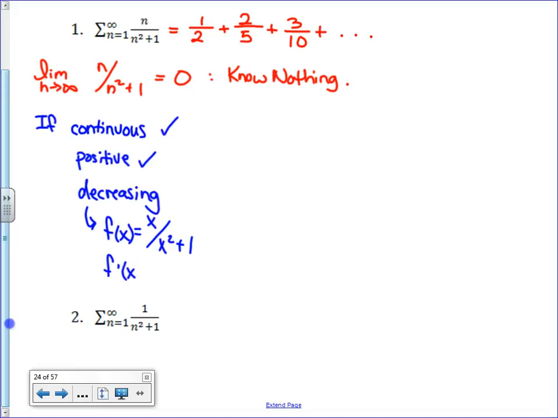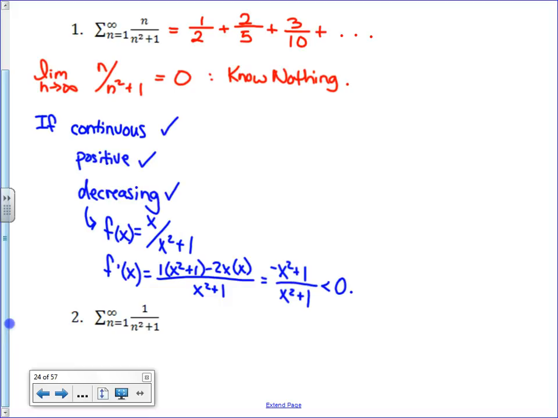So then f prime of x is equal to 1 minus x squared all over x squared plus 1, squared. Hey guys, where do the x's start technically? 1 to infinity. So 1, 2, 3, 4, 5, is it negative? Yes. So therefore decreasing, yes.